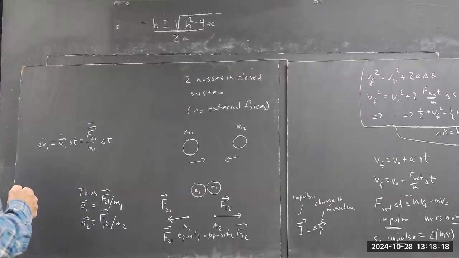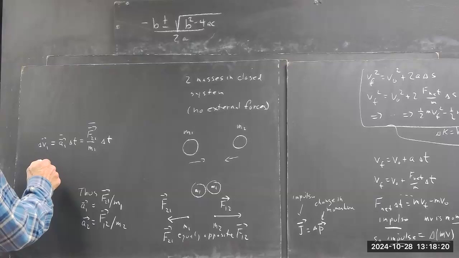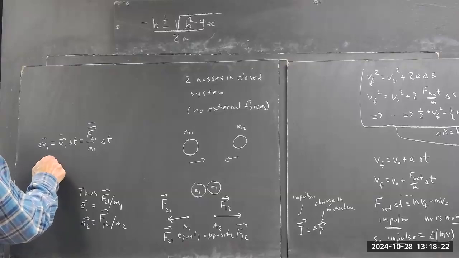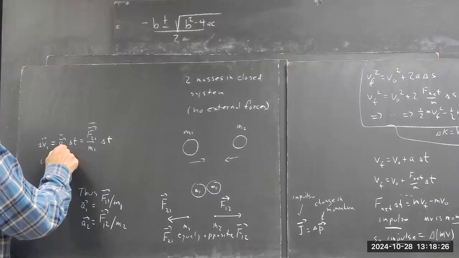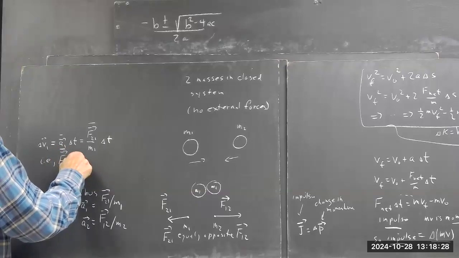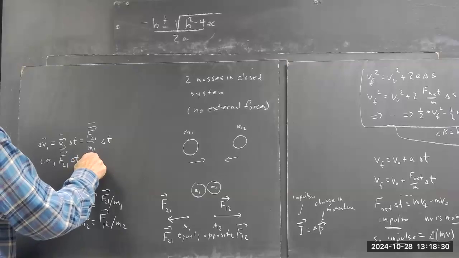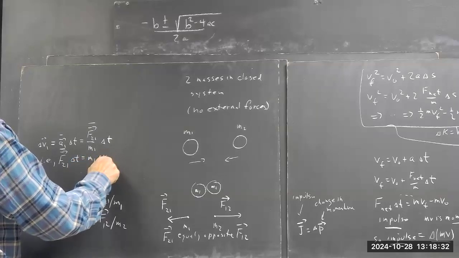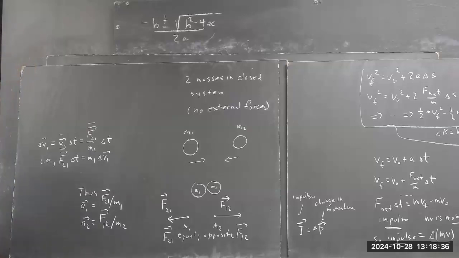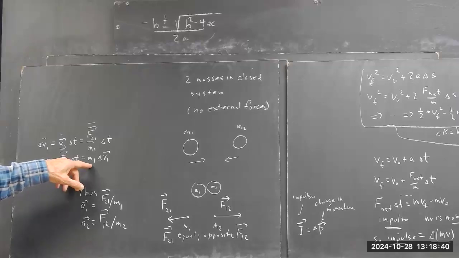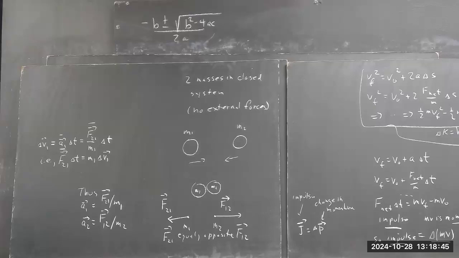So F21 delta T equals M1 times delta V1. Just multiply both sides by M1. Make sense?